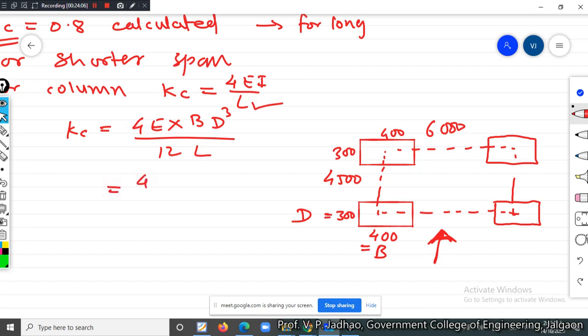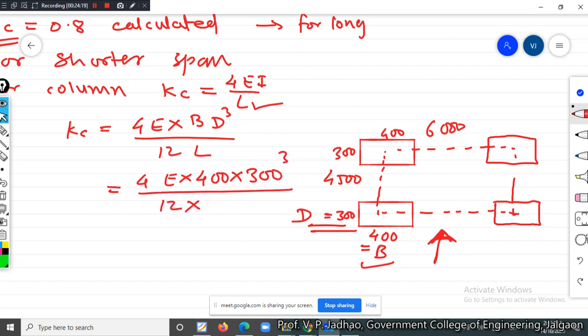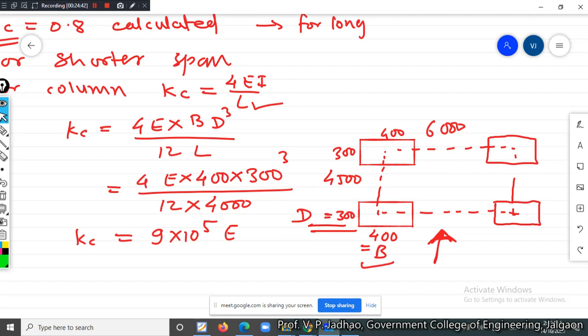So this is equal to 4E multiplied by, we have B equal to 400, depth 300, that is 300 cube, BD cube upon 12, multiplied by, again we need the L. Now the length of column is given as 4000 mm or 4 meters, so we get the value of Kc equal to 9 into 10 raised to power 5 E. Now we have to calculate the stiffness of slabs.